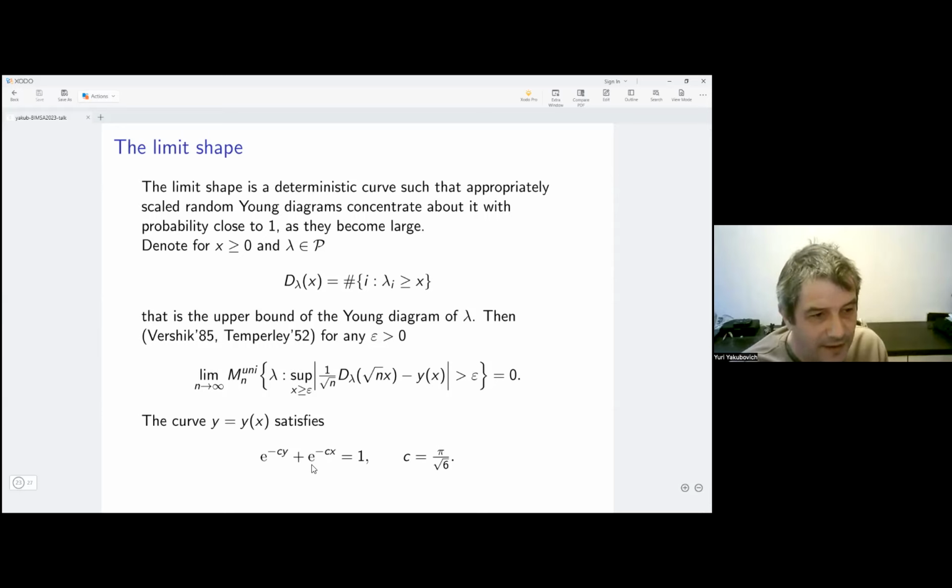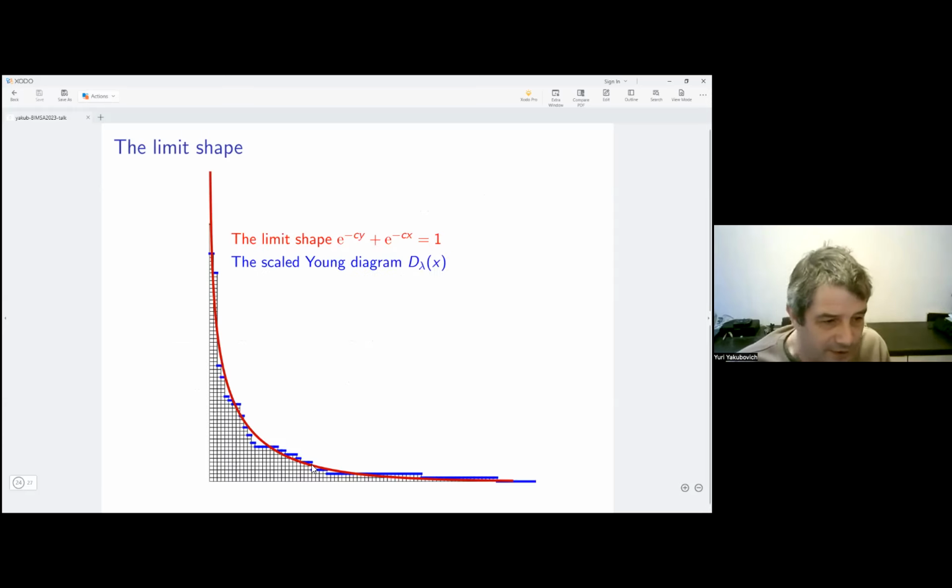I have a picture which illustrates this limit shape.